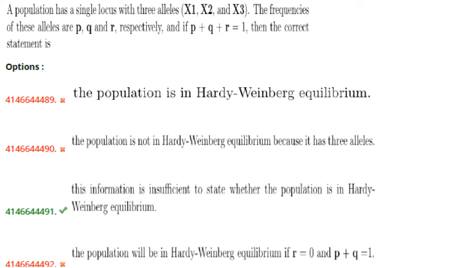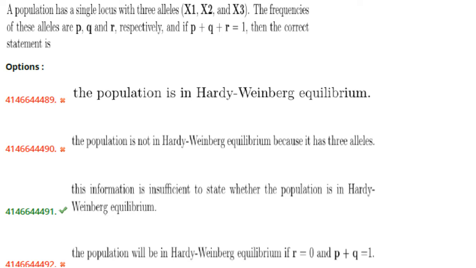Then the next one. A population has a single locus with 3 alleles X1, X2, X3. The frequencies of these alleles are P, Q, R respectively, and P plus Q plus R is equal to 1. Then the correct statement is: the population is in Hardy-Weinberg equilibrium.